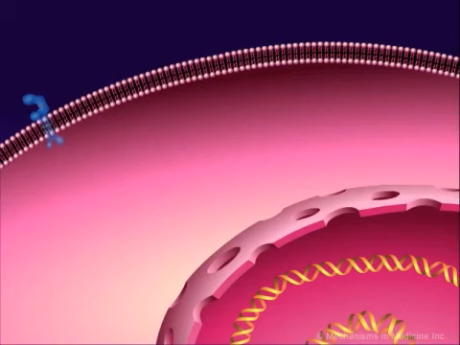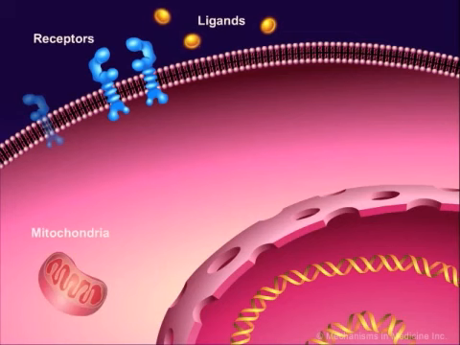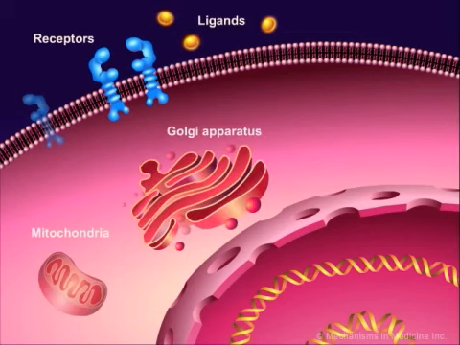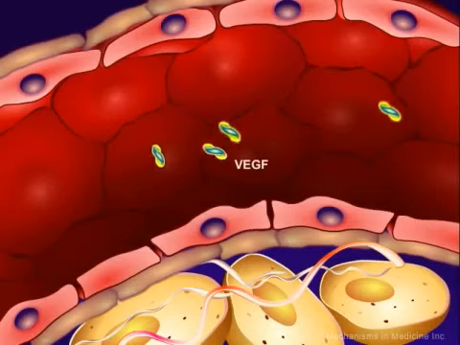Many of the components of these signal transduction pathways are potential targets of anticancer therapies. Therapies can target the ligands, receptors, intracellular second messengers, and nuclear transcription factors responsible for tumor growth. Ligands can be neutralized before they bind to the receptors.